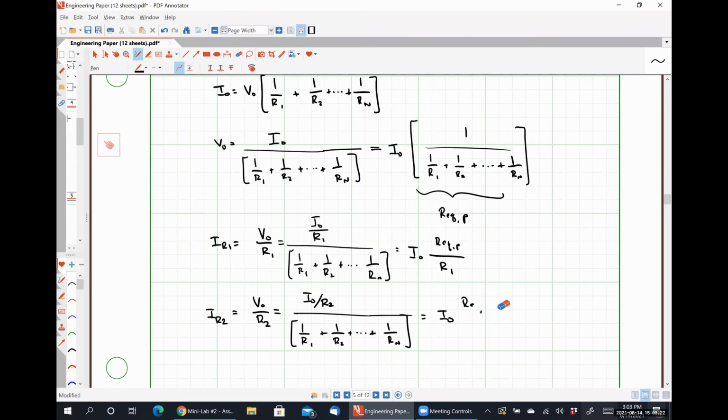Doesn't look like a Q at all. And I could keep going for all of the individual currents.